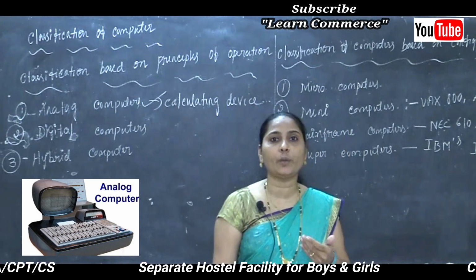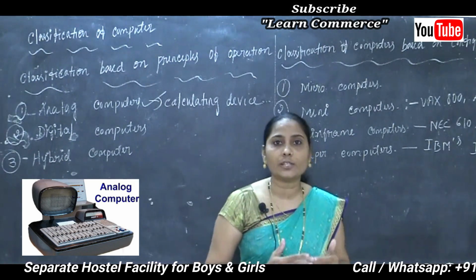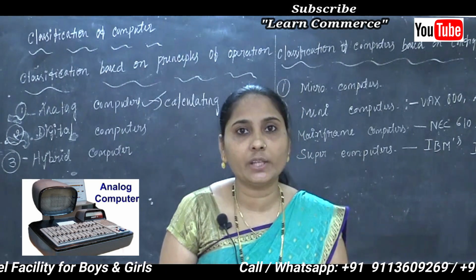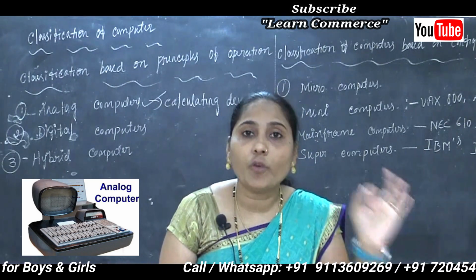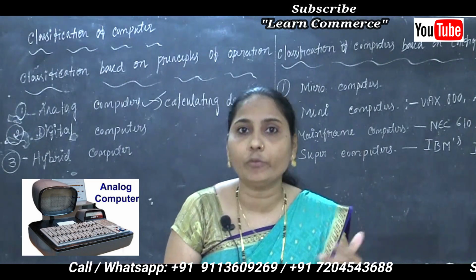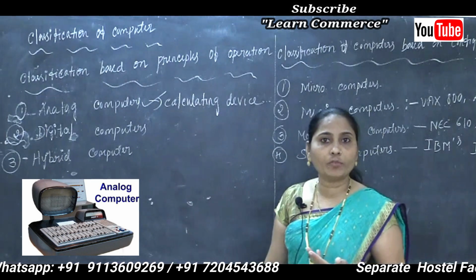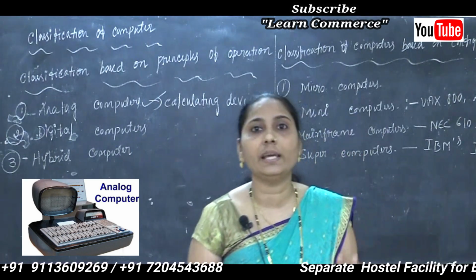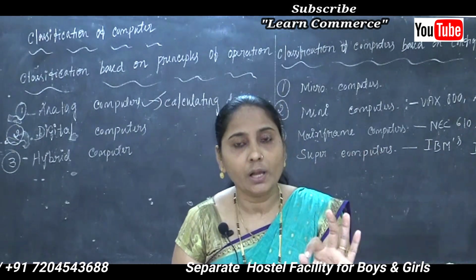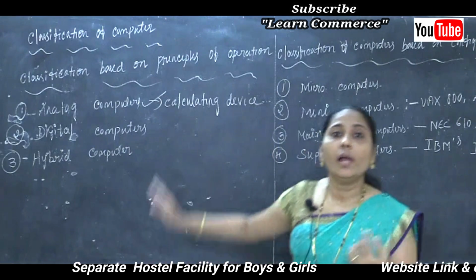In our history of computer, I started with the word computer. The word computer is derived from the word compute, correct? And the meaning of compute is calculation. So the word computer is derived from the word compute, which means to calculate.